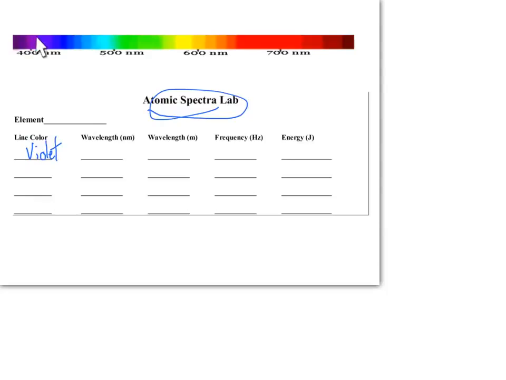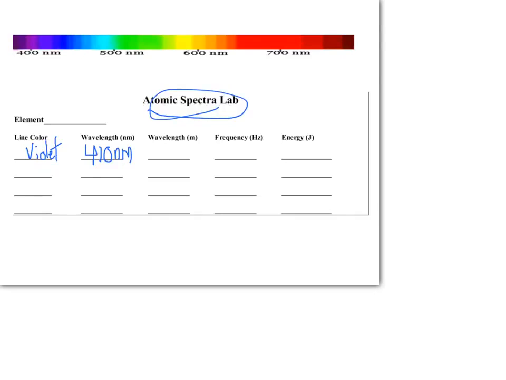So I'm going to say that the color that I saw is close to 410 nanometers, and I'm going to write 410 nanometers here. All right, you can take off your glasses now. So now we want to calculate the wavelength in meters, the frequency in hertz, and the energy in joules. Your homework will involve some of these calculations as well as your lab on Monday, so that's why I'm doing an example here.